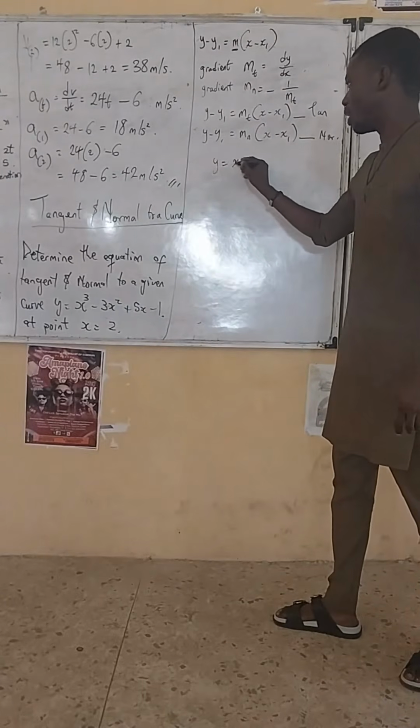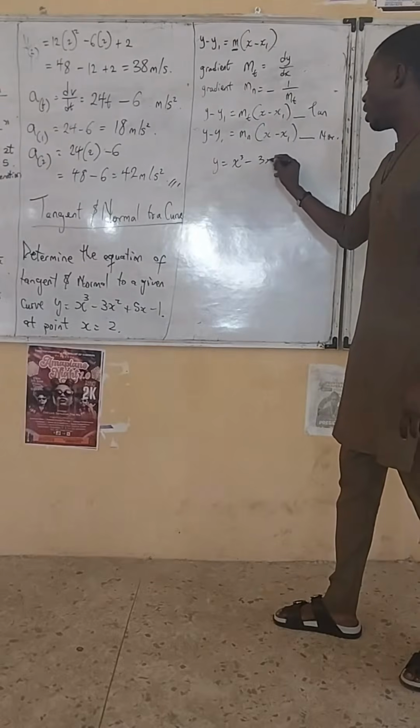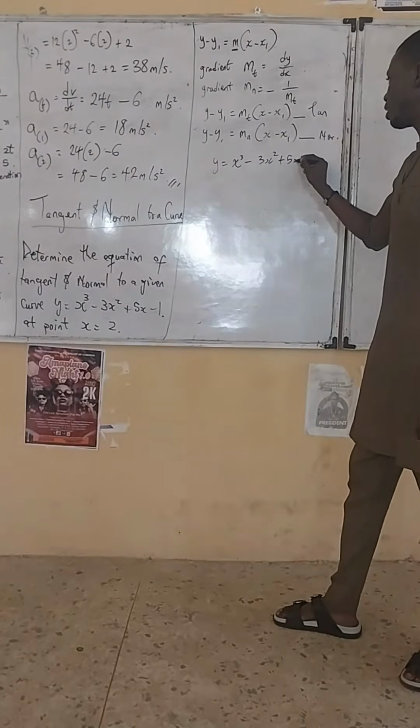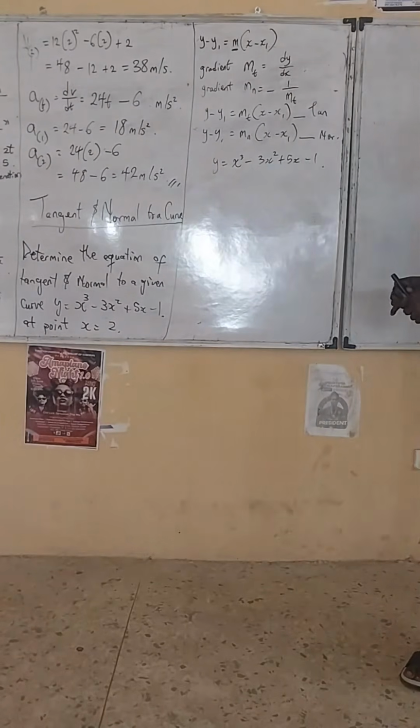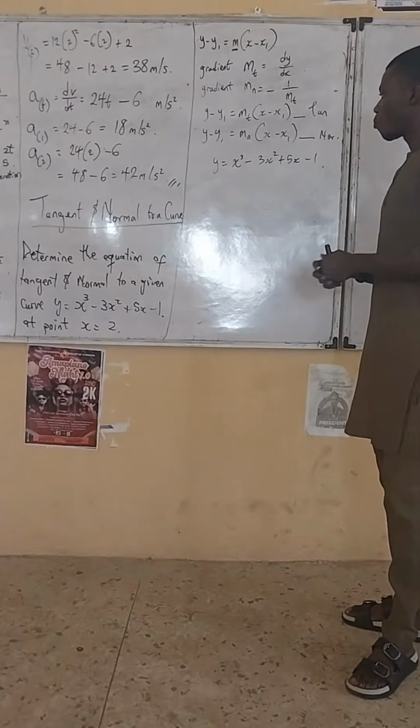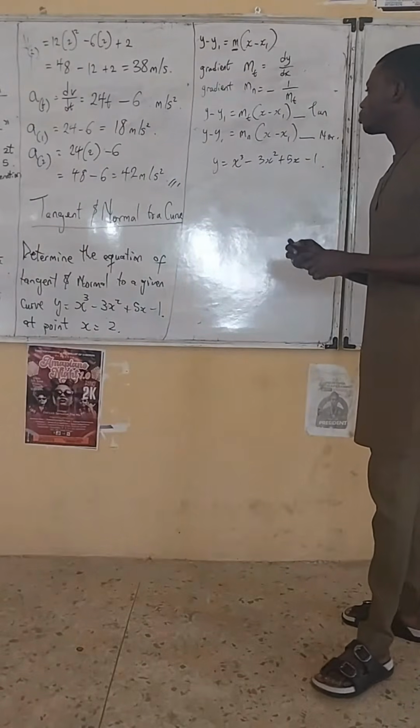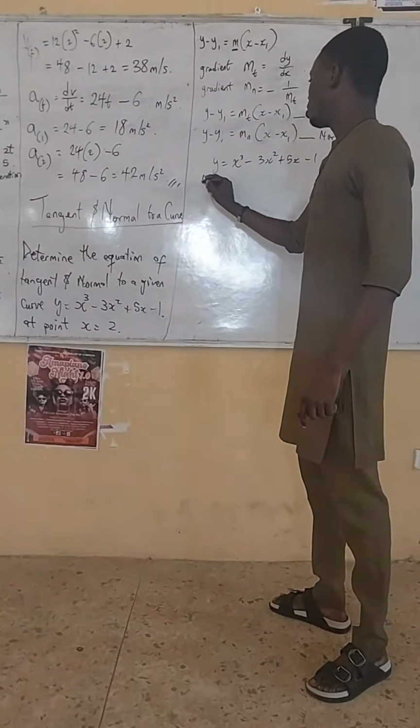Now, this is the equation. y equals x cubed minus 3x squared plus 5x minus 1. So firstly, the derivative. Now, that means dy/dx.